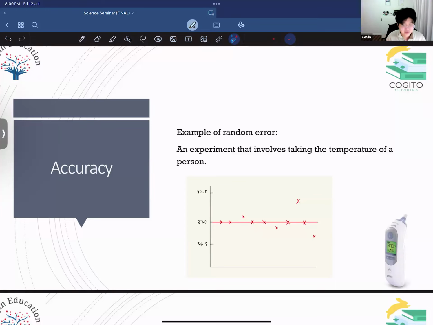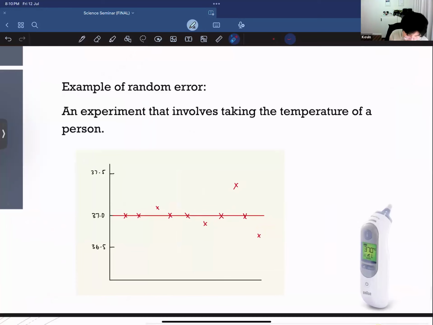It's different every time because it depends on the position which you put it in, how deep you put it in, and so on. There are lots of things that influence it, but that's a random error. So look, random error, example, you're measuring your temperature. It's 37, a little bit higher, 37, a little bit lower, 37 higher, 37 lower. It's random. It could go up and down.